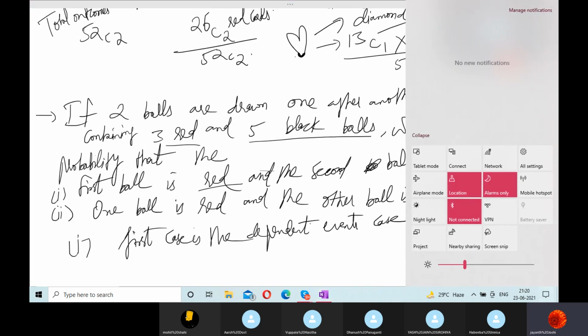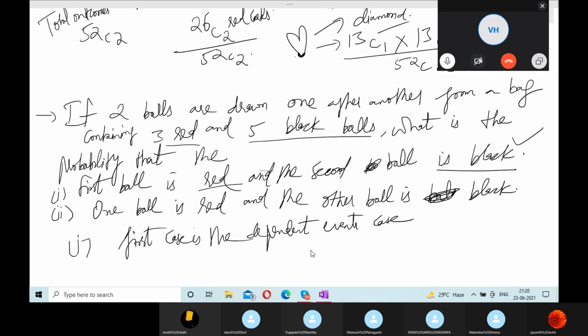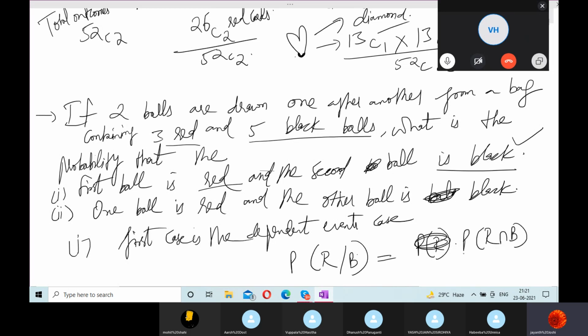So probability of red ball provided black ball should already be there is nothing but probability of red and black ball divided by probability of black ball.